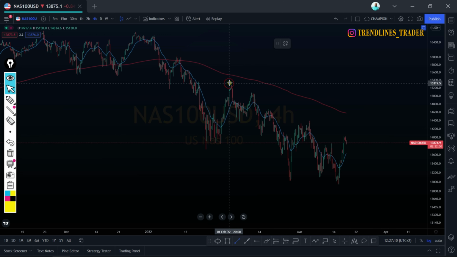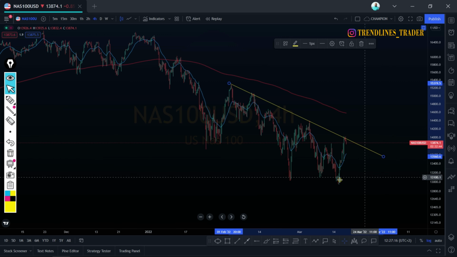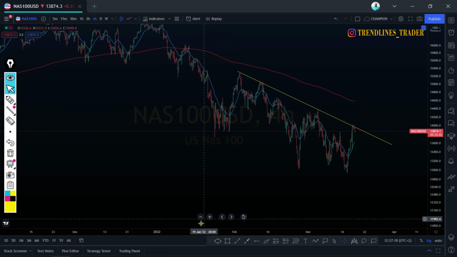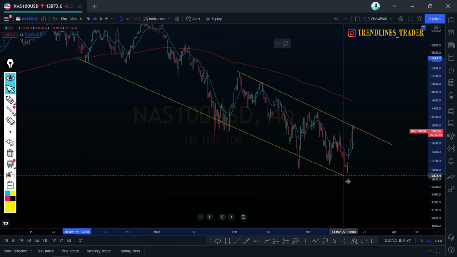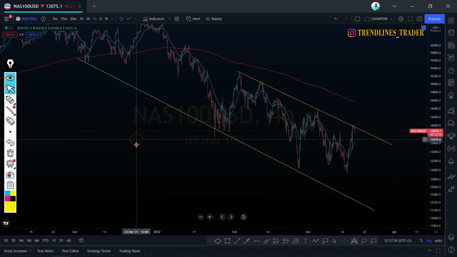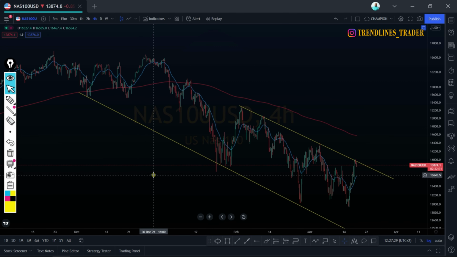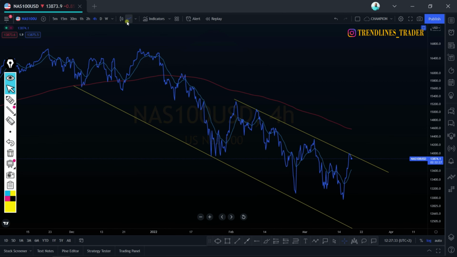Ladies and gentlemen, look at our trend where it is at the moment. We can see that our trend is bearish. Look at our overall movement. Let me use the line chart so that you can be precise with the touches around the trend line.